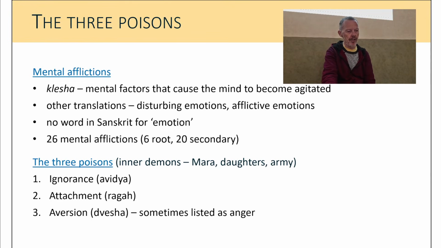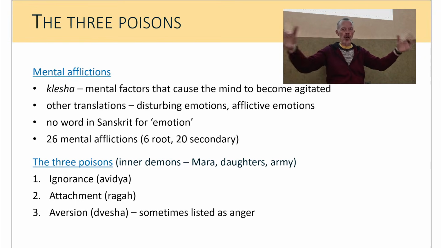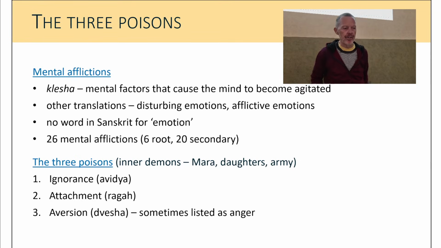So what I'd like to do now briefly, before we go on to talk about the two other poisons of anger and attachment, which is the main topic for today and tomorrow, is talk a little bit about ignorance, because we're going to address that tomorrow afternoon when we look at this long-term strategy. So very briefly here, ignorance in Sanskrit is avidya.